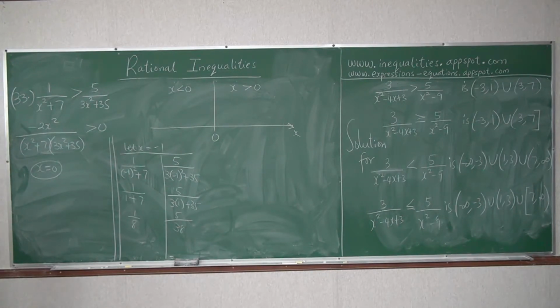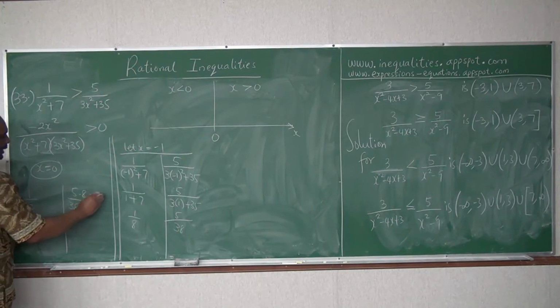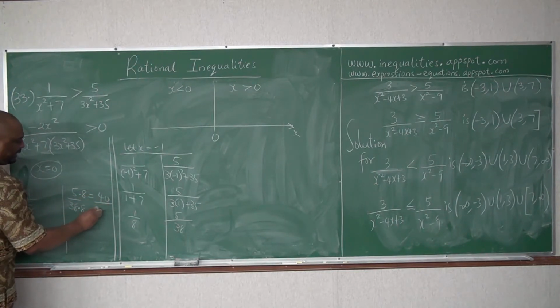Okay, let us compare 1 over 8 and 5 over 38. Cross-multiplying, this is 38 over 8 times 38 and this is 40 over 38 times 8.